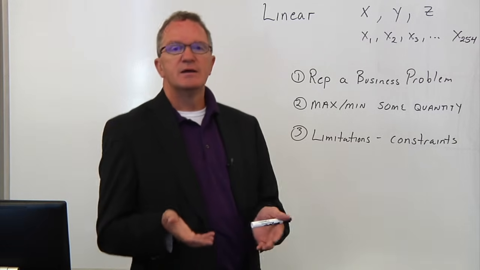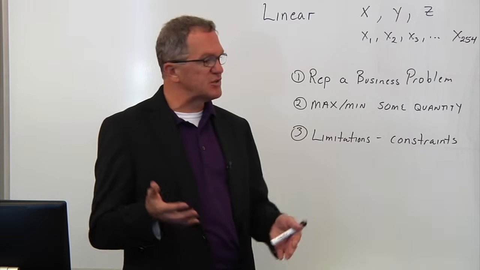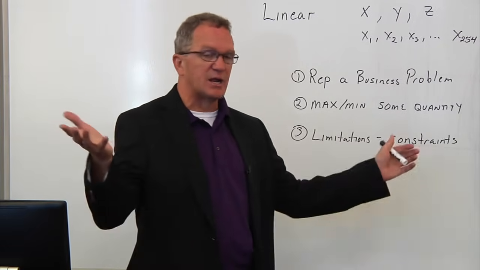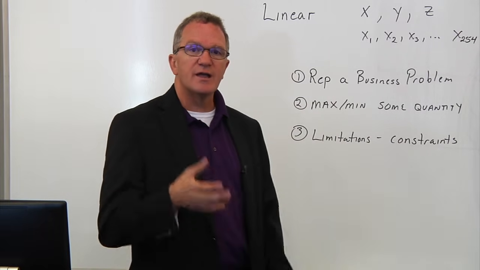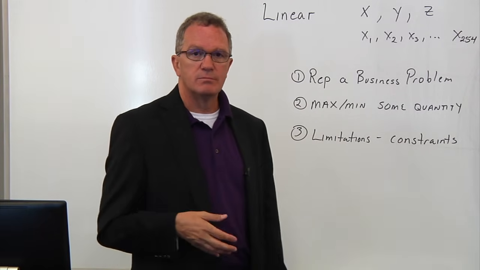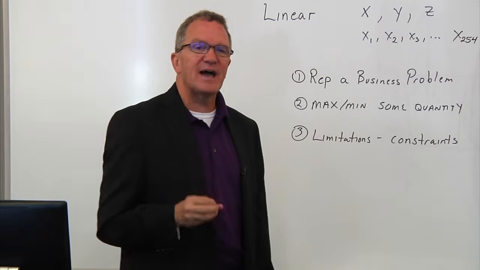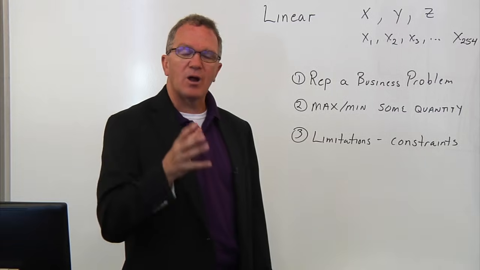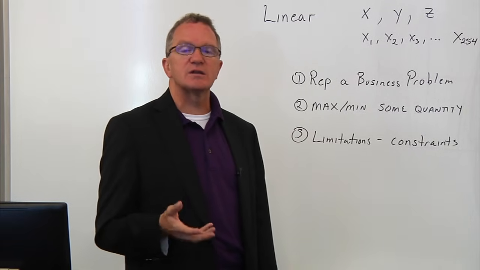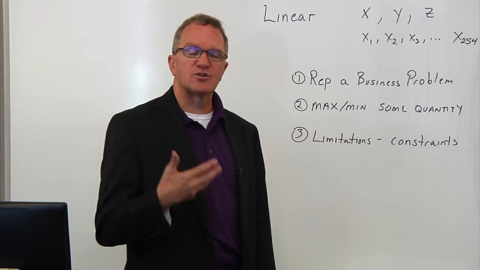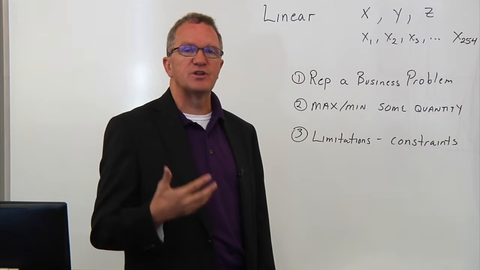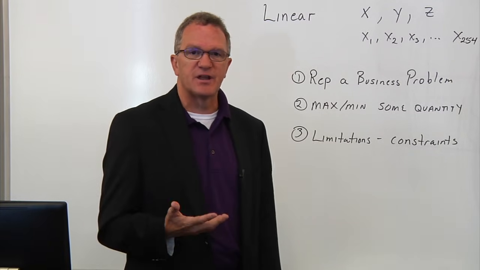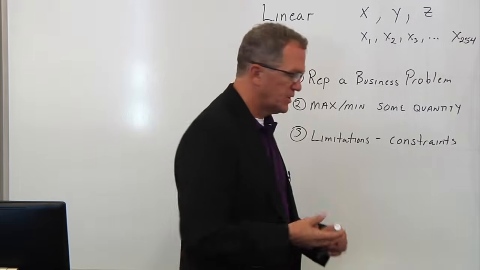And if I did, let's say I'm the ancient Egyptians and I just keep enslaving people and I've got an unlimited labor pool, I don't have an unlimited amount of material. And even if I had an unlimited amount of material and an unlimited supply of labor, I probably don't have an unlimited market to sell to. There are constraints that keep me from producing infinity or selling an infinite number of products.